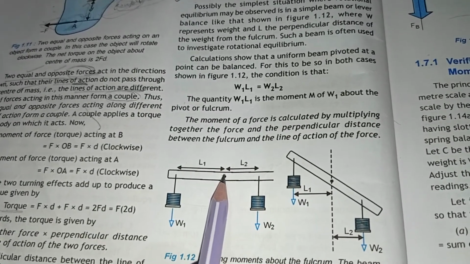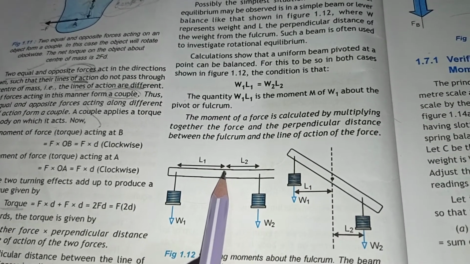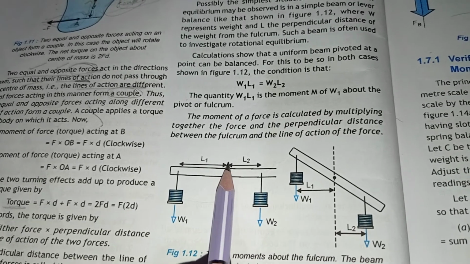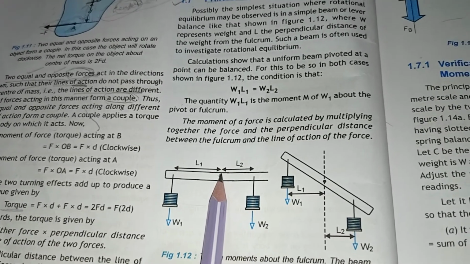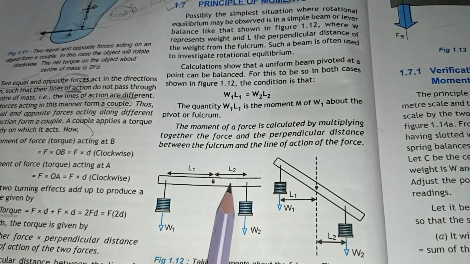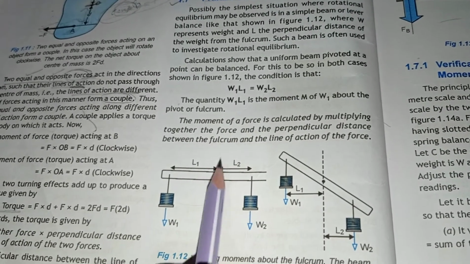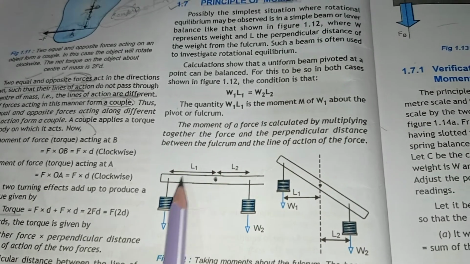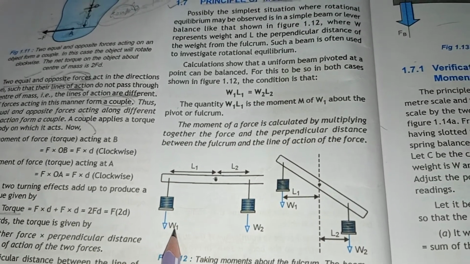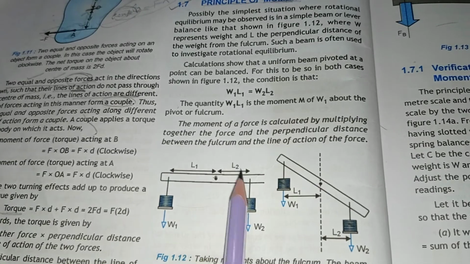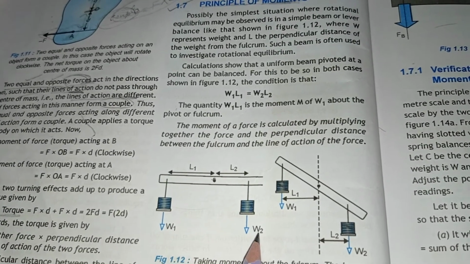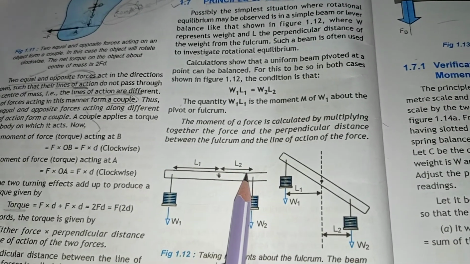This beam rotates about this point, which is known as the pivot and center of gravity. There will be rotational equilibrium if the product of W1 and L1 is equal to the product of W2 and L2.